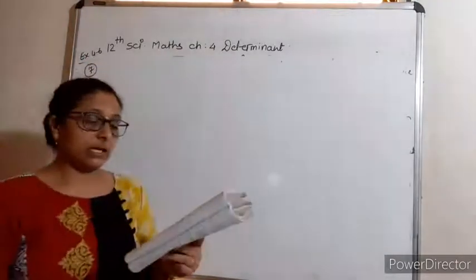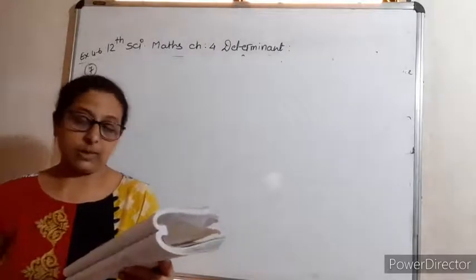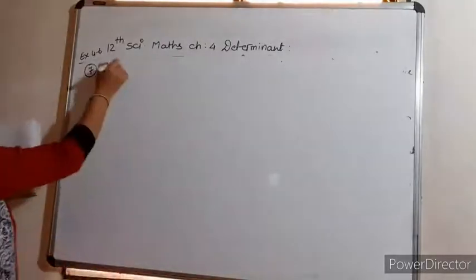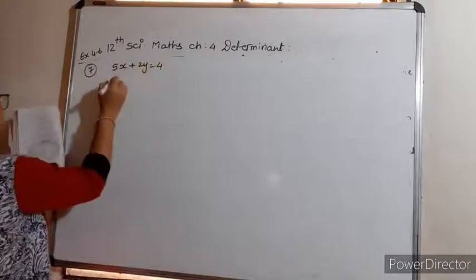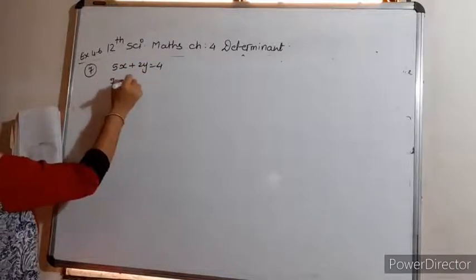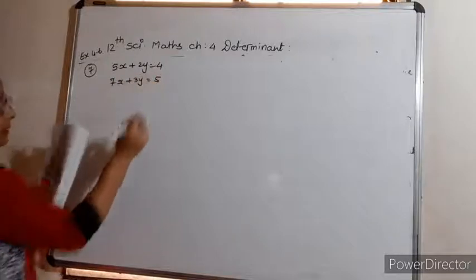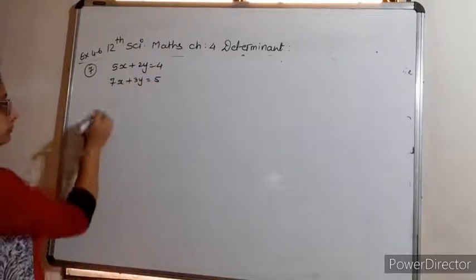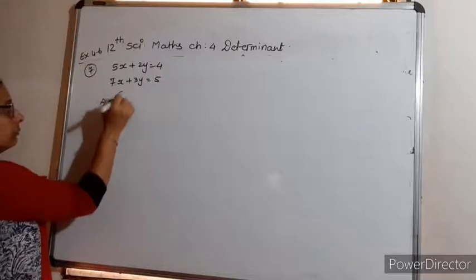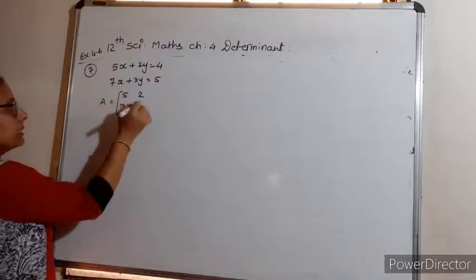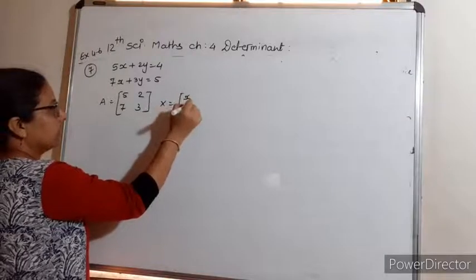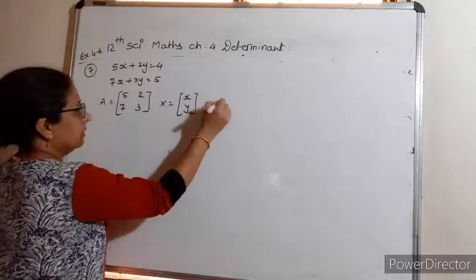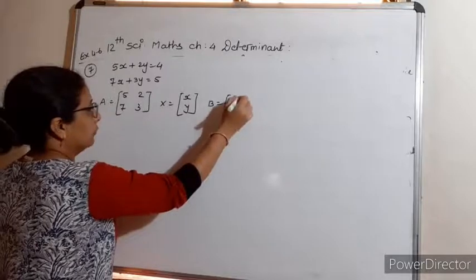Solve the system of linear equations using the matrix method. Here is 5x plus 2y is 4, 7x plus 3y is 5. Now 5, 2, 7, 3 is A. X, Y. 4, 5.